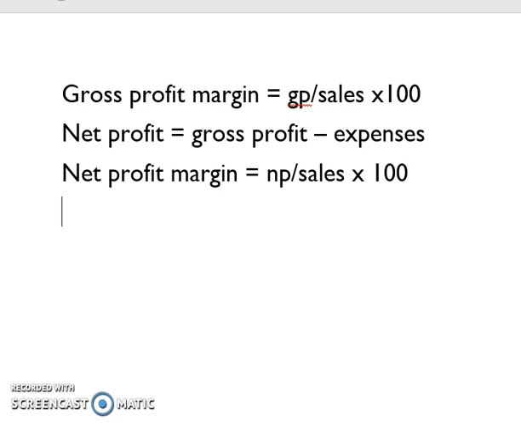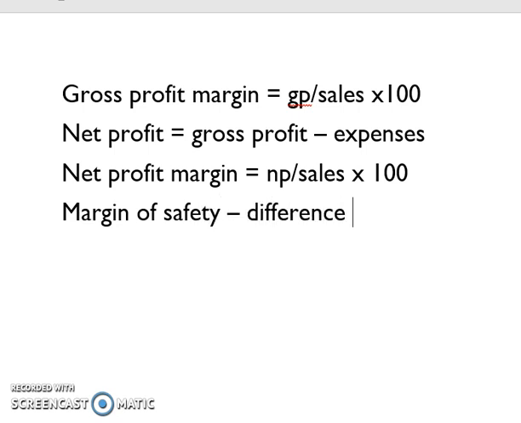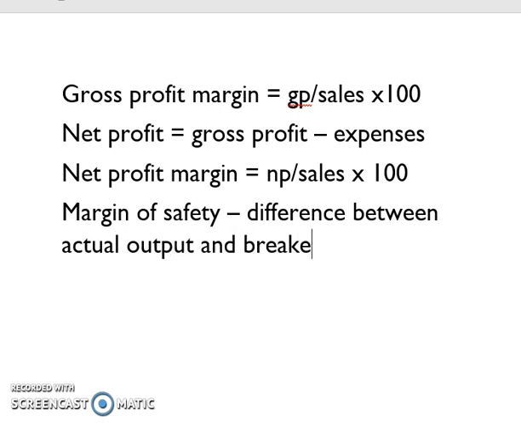So what you need to look at is the margin of safety. And remember, the margin of safety is the difference between actual output and break even. Okay, so the graph tells you they break even at 5,000.